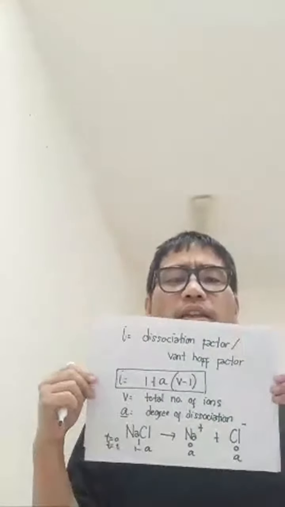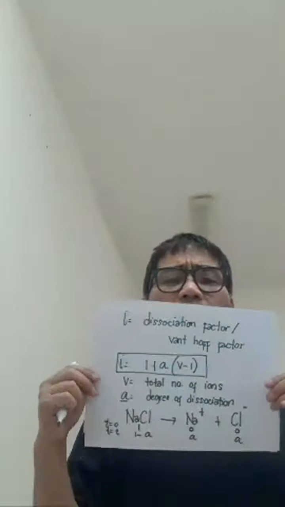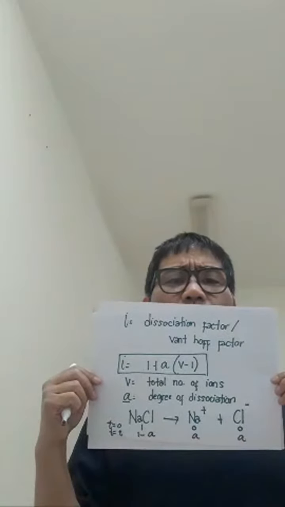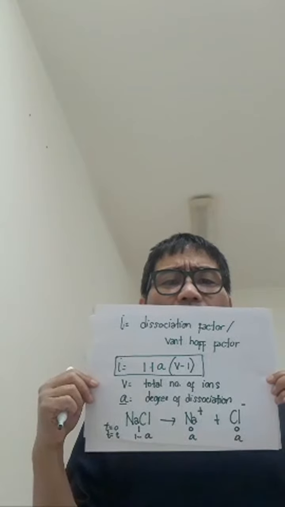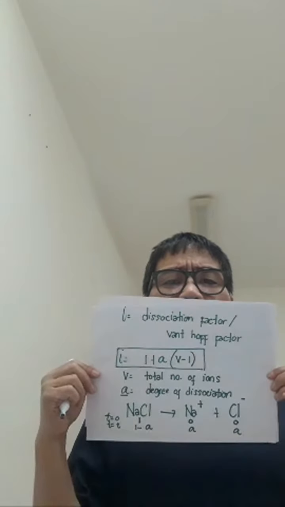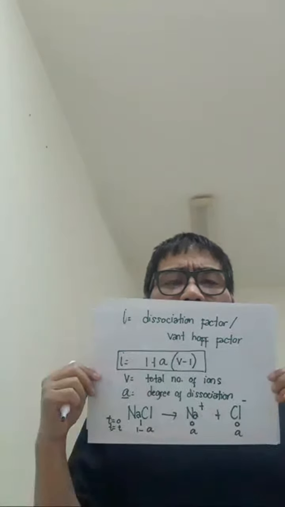And then we have the dissociation species during or after dissociation: 1 minus alpha, alpha, alpha. So 1 minus alpha plus alpha plus alpha, the last for the chloride dissociation.